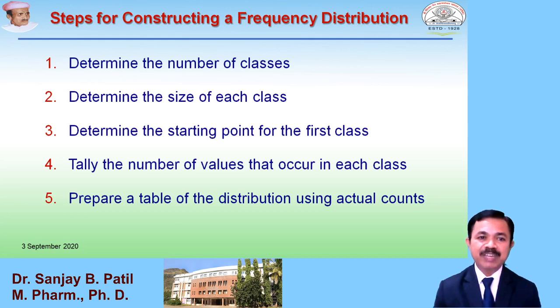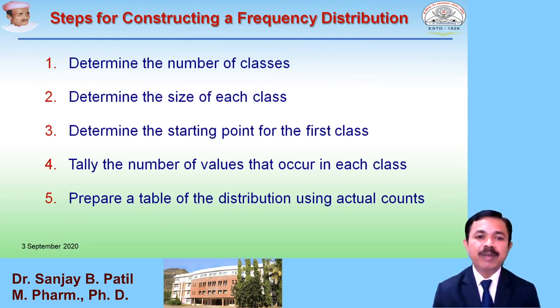So the first step is to determine the number of classes. How many classes are we going to include in the frequency distribution table for a given data? Then once we have decided the number of classes, the size of each class is to be determined.